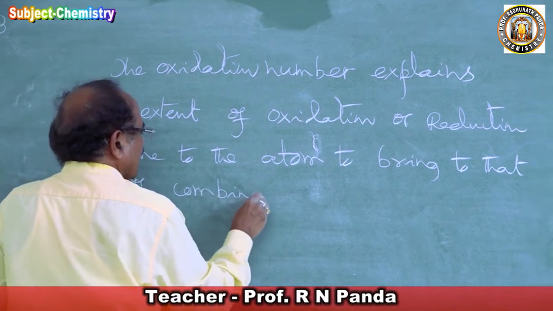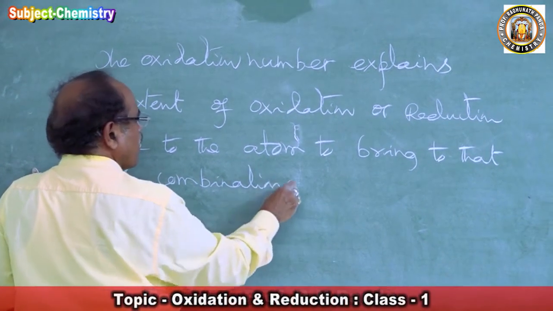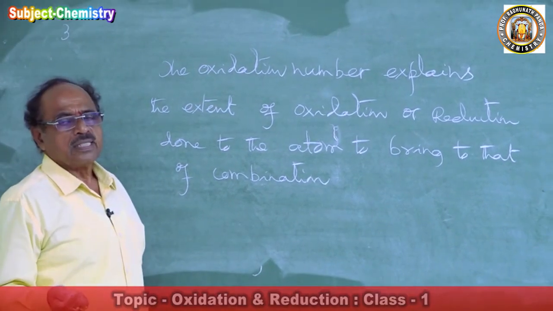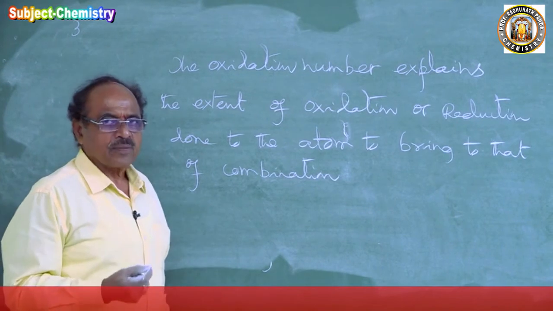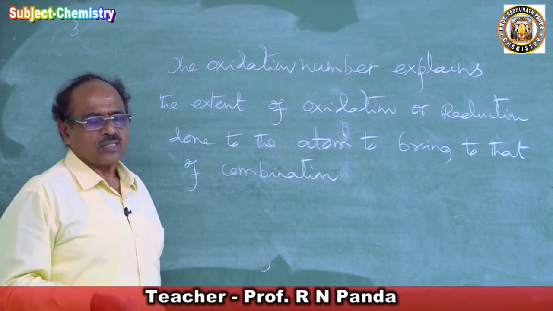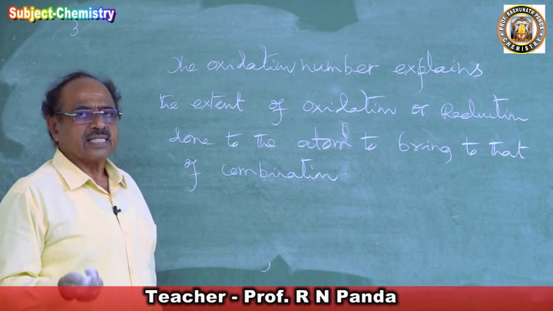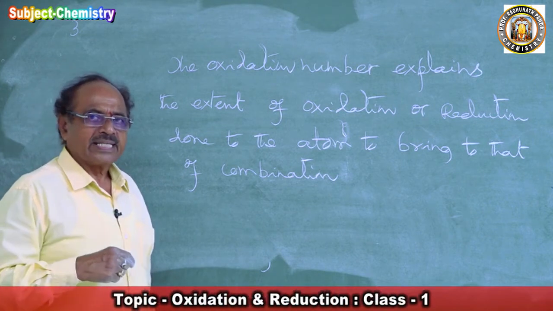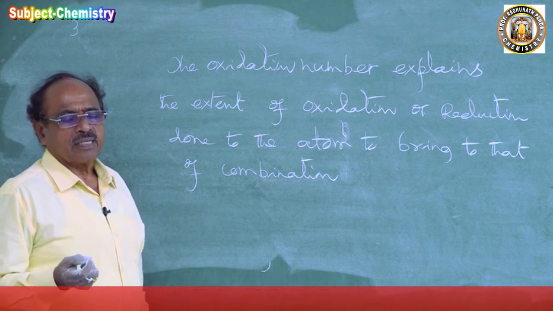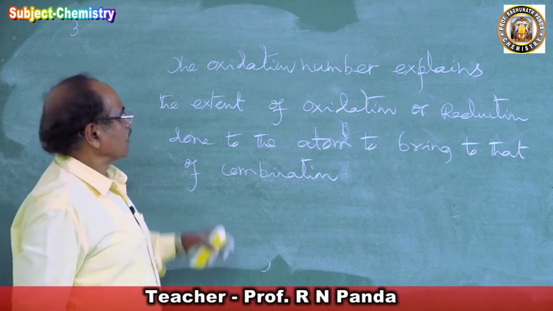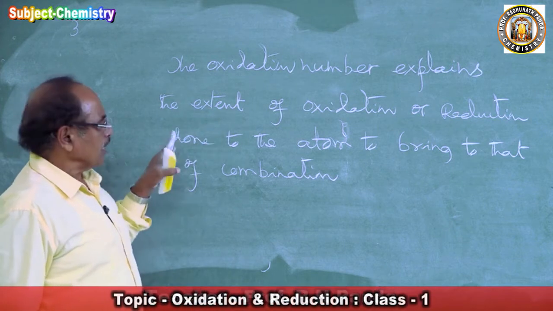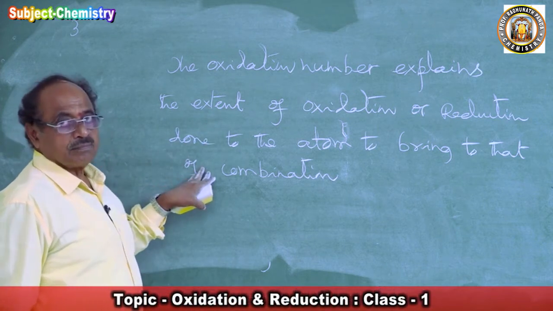So from an element you are coming to a compound, or from one compound you are coming to another compound, whether the atom is oxidized or reduced, we can say this by calculating the oxidation number, by determining the oxidation number. The oxidation number explains the extent of oxidation or reduction done to the atom.